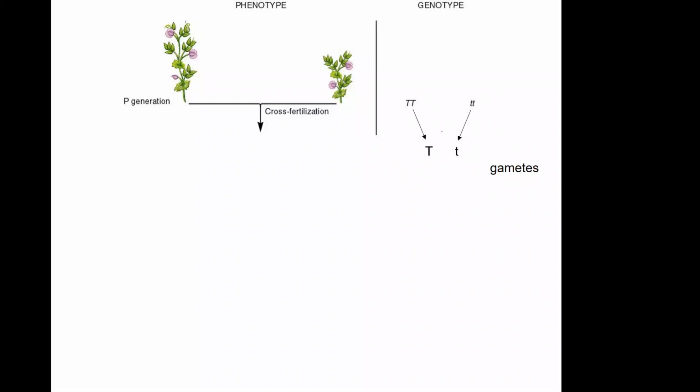So in the initial parents, you would have had two alleles for being tall, and two alleles in the other parent for being short, okay? So most of the time we pick a symbol that designates something about the trait. So T for tall. And if you have two versions, the dominant version of that trait is generally given an uppercase letter, while the recessive version is often given a lowercase letter. This is not a universal rule, but it's close to universal, okay?